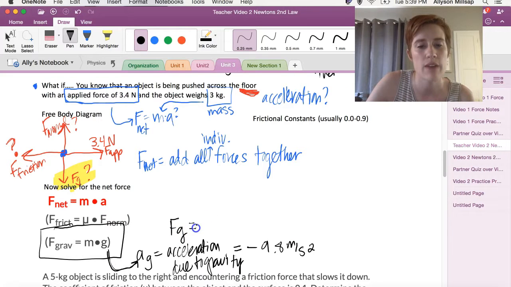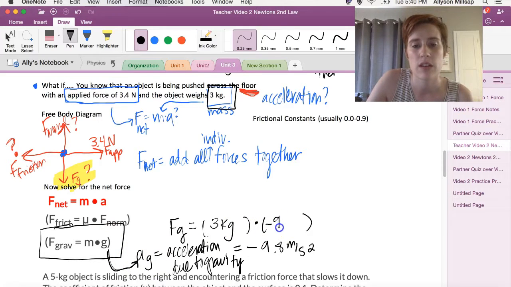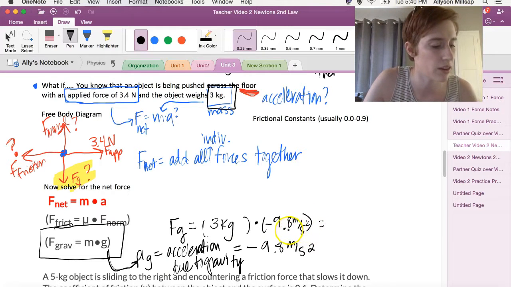Okay, the force of gravity is mass. What's the mass of this object? Well, it tells us right here. It says it's 3 kilograms. Here's the mass. It says times acceleration. What's acceleration? It's mass times g, I'm sorry. So g is the acceleration due to gravity, which is this value, negative 9.8 meters per second squared. So I'm going to put that in my calculator. 3 times negative 9.8.